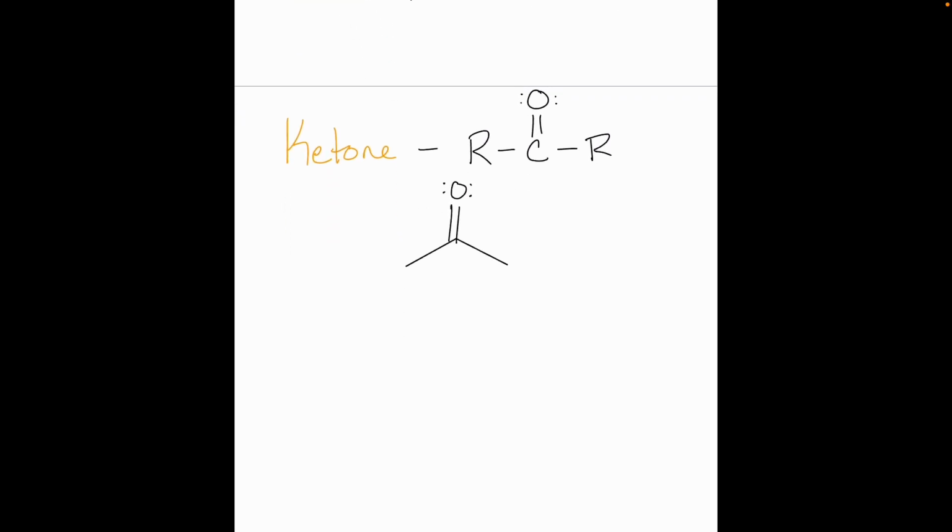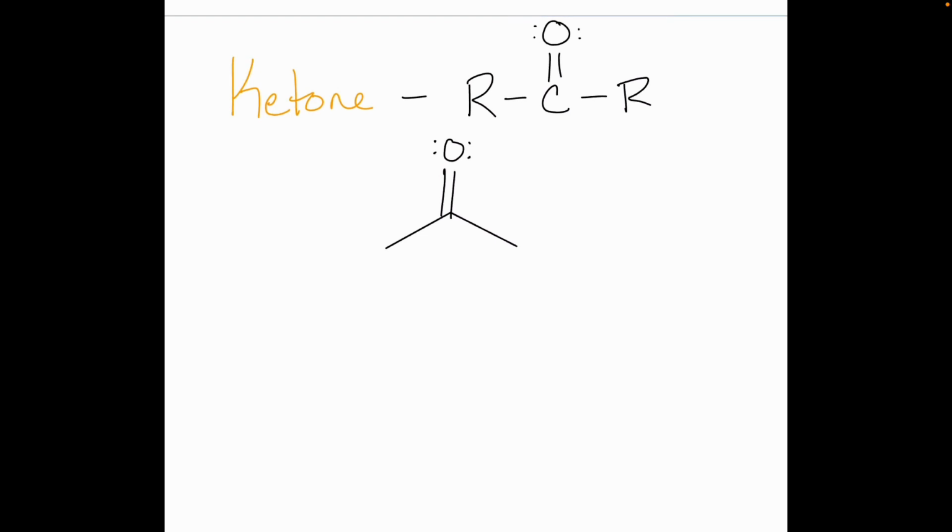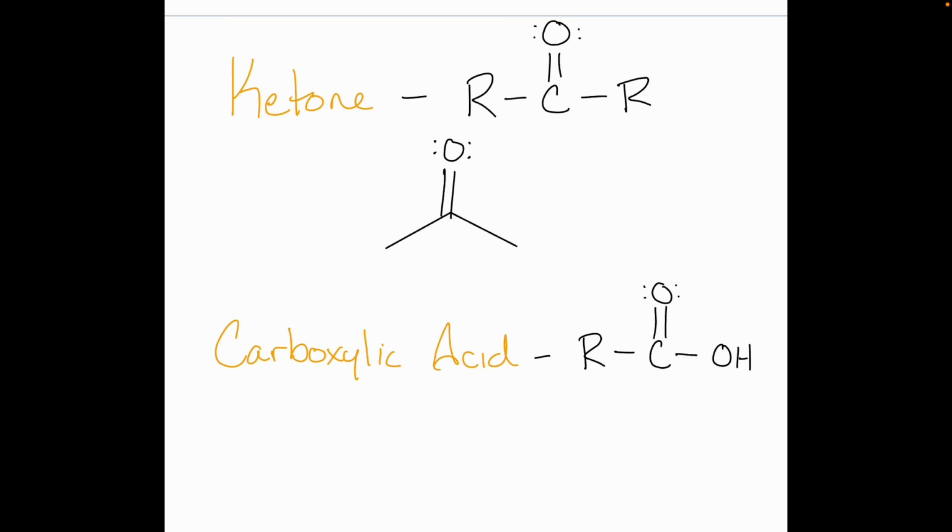All right, and then the last one is one that we also saw in our acid-base chapter quite a bit, what's called a carboxylic acid. All right, and that is where our carbonyl carbon is bound to an OH group.